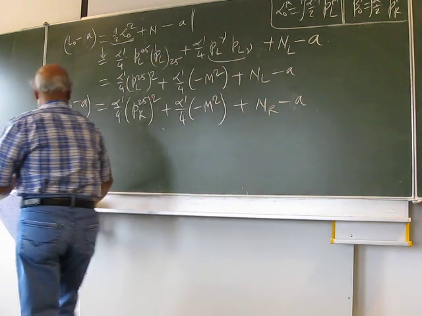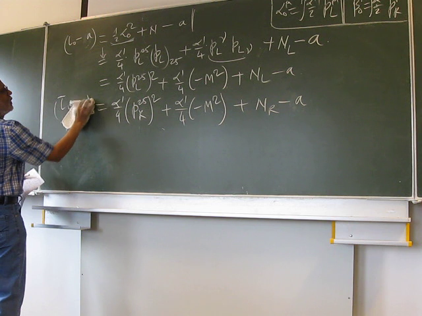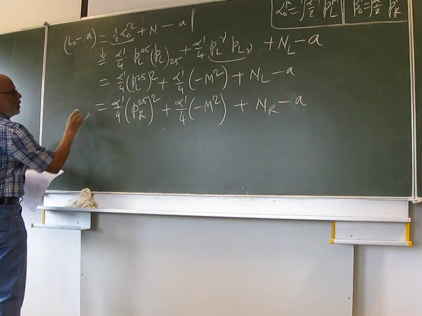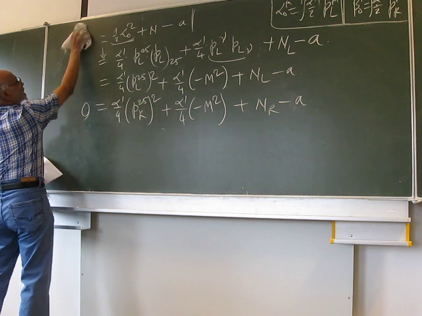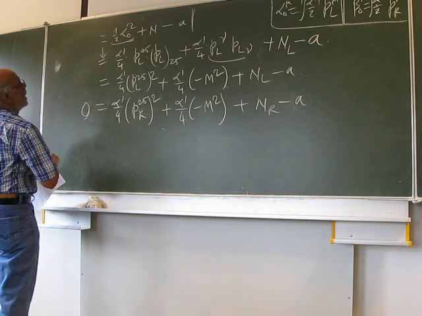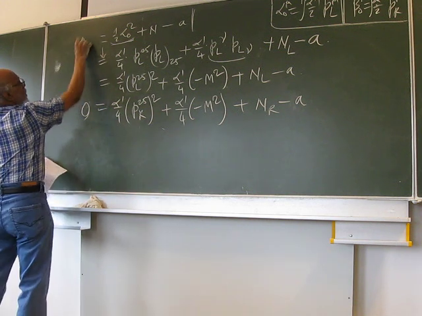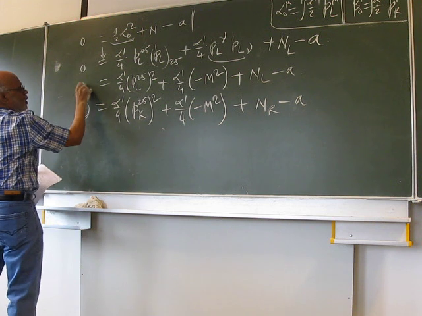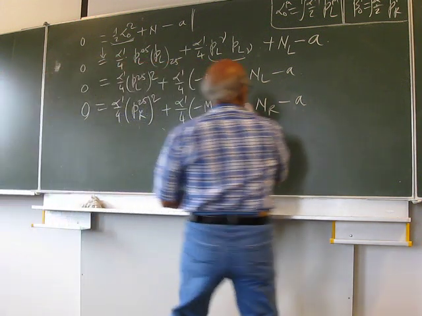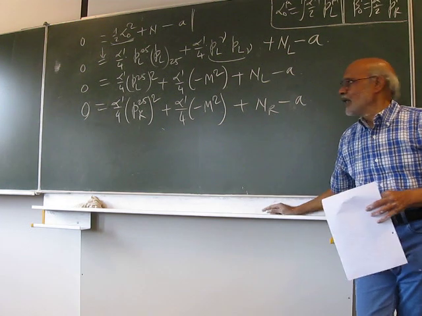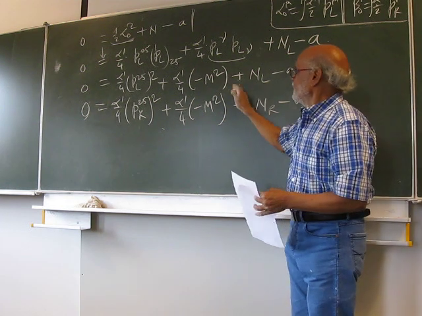So L0 minus A would then be 0, and L0 bar minus A equal to 0. Okay. So you have these two equations. One with NL, one with NR.